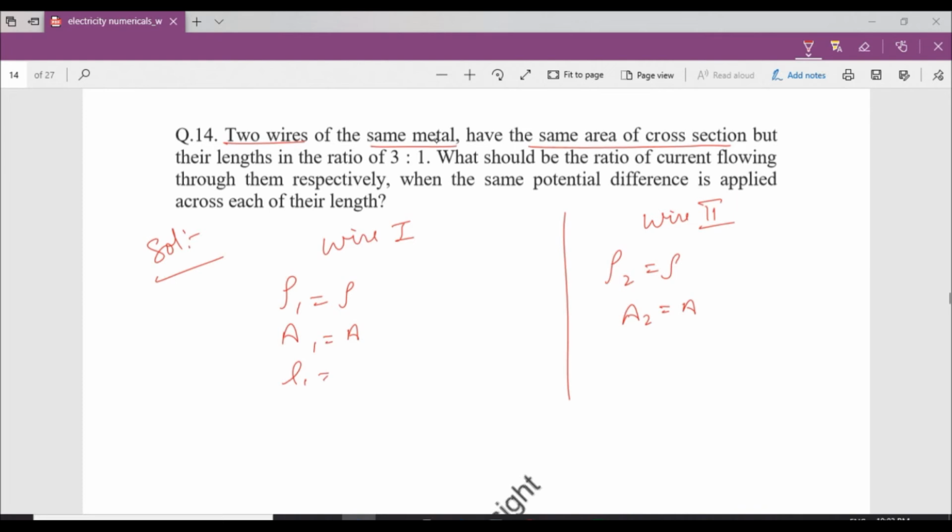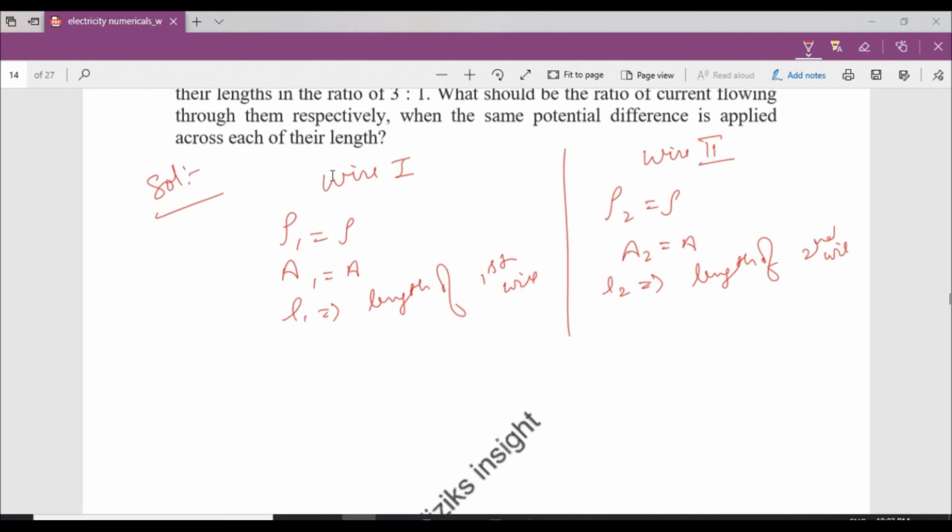L1 is the length of first wire, L2 is length of second wire. So L1 ratio L2 is 3 by 1. What should be the ratio of current flowing through them respectively when the same potential difference is applied across their length? So means if V1 is V, then also V2 is V.